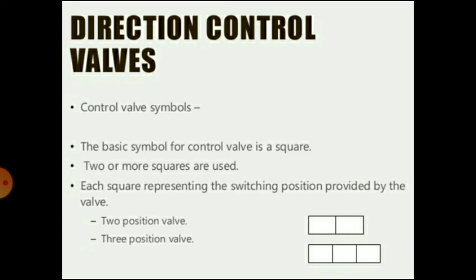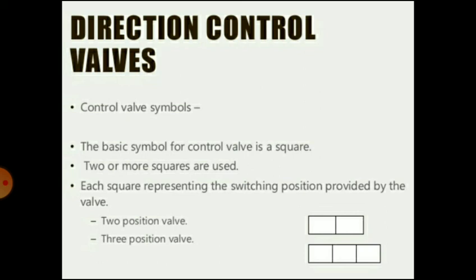Direction control valves control the direction of the compressed air in a system. The basic symbol of a control valve is a square. Two or more squares are used, each square representing a switching position provided by the valve.